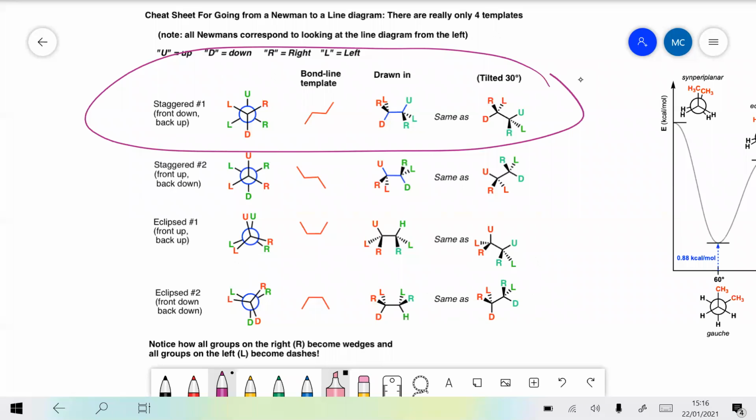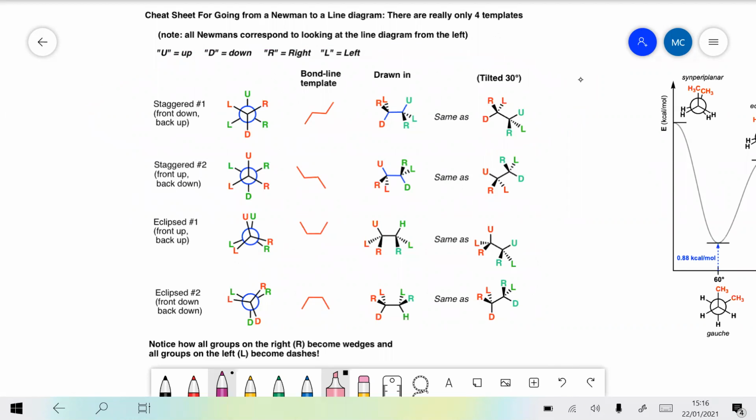And here we can start thinking about them from the perspective of you drawing these structures.